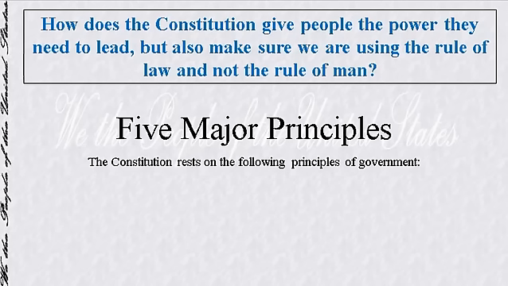But we're also afraid of people getting too powerful if we give the government too much power. Remember, we called that the rule of man. So how do we balance things? How do we give the government power, but not so much that they can just do whatever they want? The 5 major principles are the answer to that question. They balance that power and make sure the government doesn't get too powerful. So let's go through each one by one.